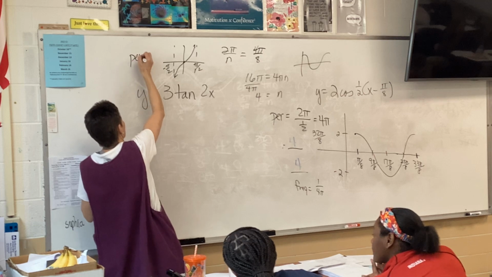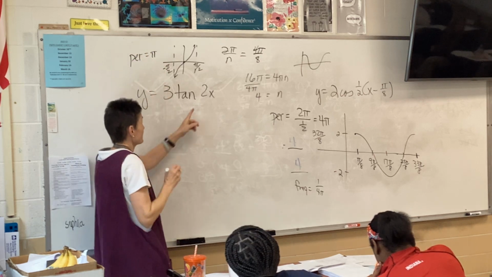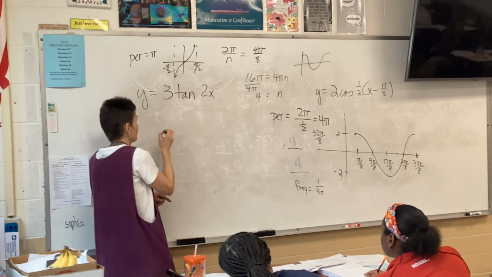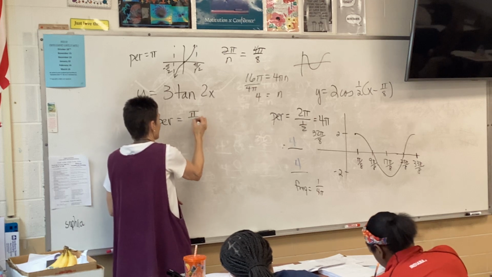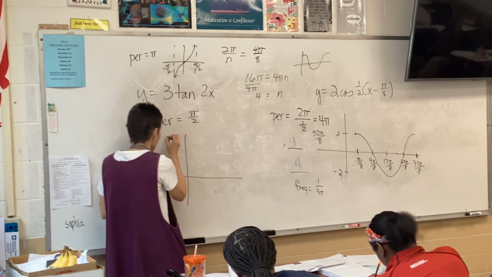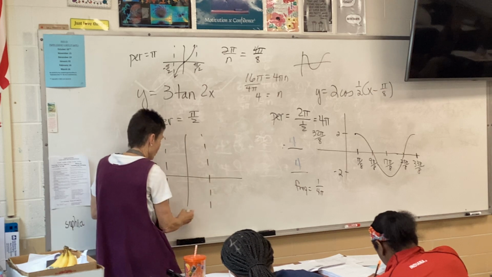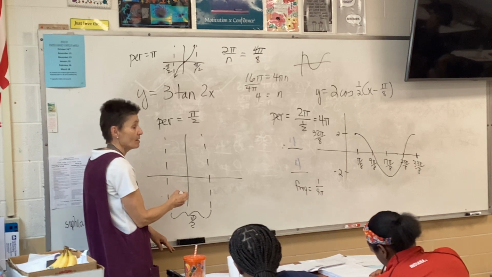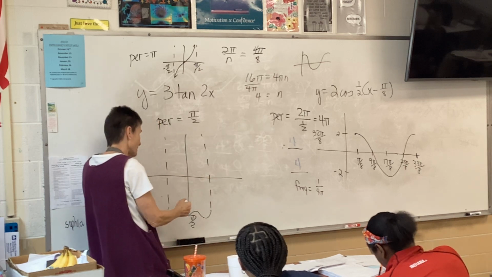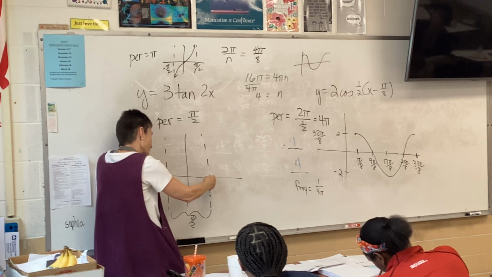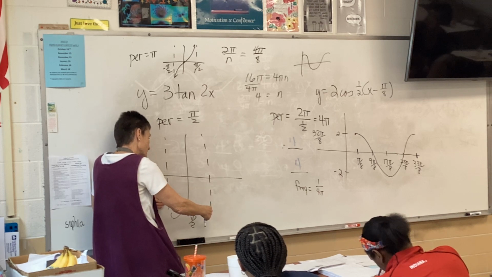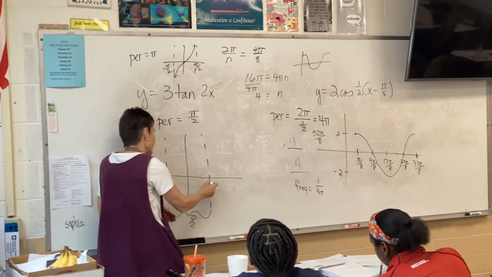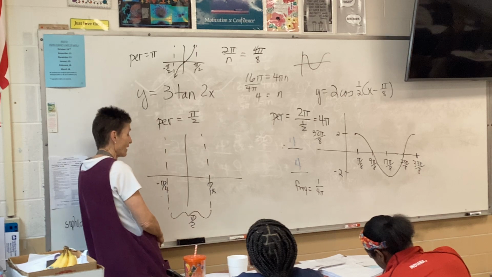Tangent, the period is pi. So when you stick this 2 in here, now the period is pi over 2. And that means that from asymptote to asymptote is pi over 2. That's a period. So what would these asymptotes have to be? If the whole thing is a half a pi, then what are these gonna be? Quarter pi, negative and positive. That's right, that's how you're gonna get a total of a half.